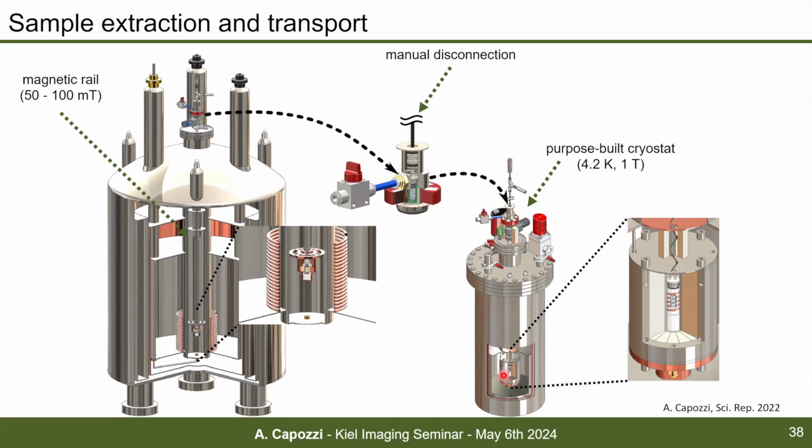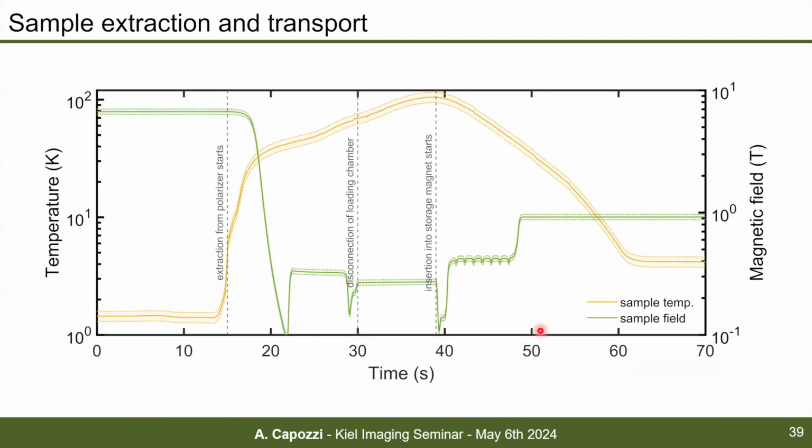It is equipped with an NMR quality Halbach array, a permanent magnet of 1 Tesla. The cryostat can stay at 4.2 Kelvin for up to 8 hours. And these are pretty optimal conditions to store these samples.